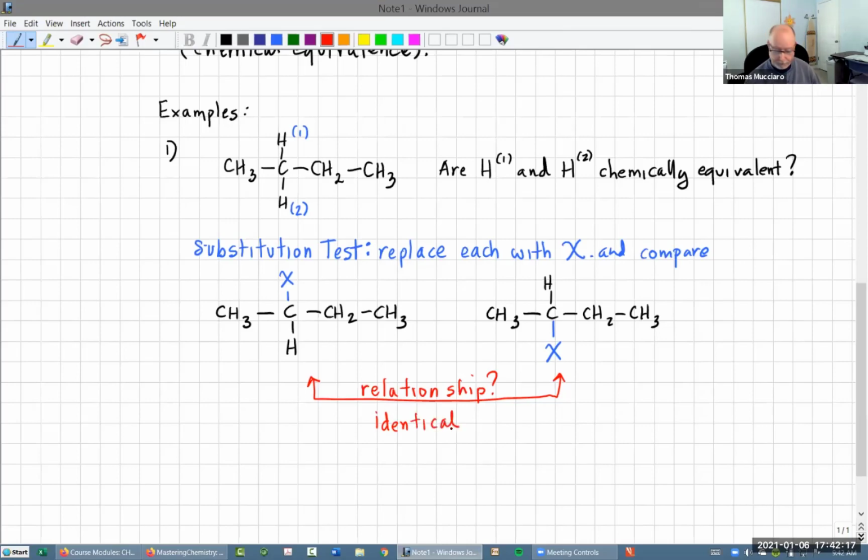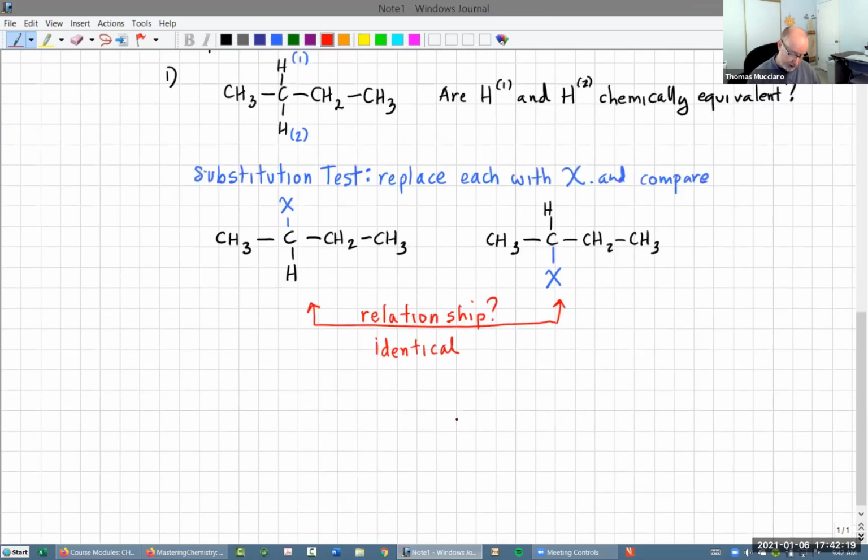And so what we would say is they're identical. So hydrogen 1 is equivalent to hydrogen 2. Okay? Pretty cool with that?